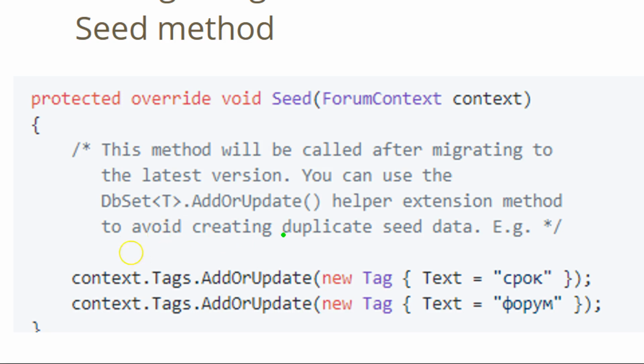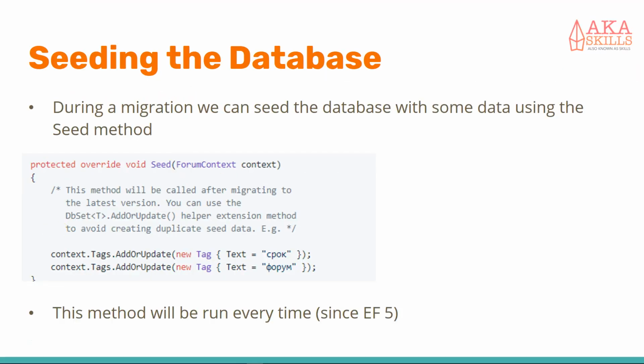Here we can say context.Tags.AddOrUpdate, and we provide a new Tag with some text. Your text could be anything. Right now it is in Cyrillic, and you can see that it will still be added inside your table without any problems. So you're not going to have issues if you're using multiple languages with Entity Framework and your databases. This method will be run every time, since Entity Framework 5. Thank you for watching.